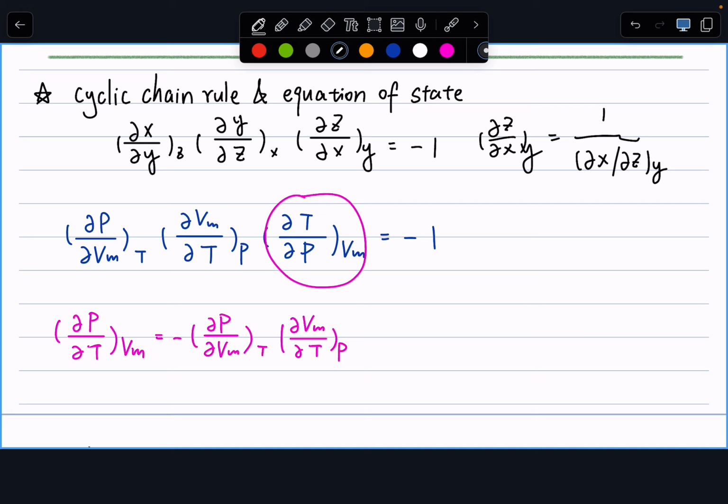And this equation becomes negative: on the top, we have dVm over dT at constant P, and on the bottom we have dVm over dP at constant T. So these are the two partial derivatives we need to experimentally measure. That's everything we need in order to solve for an equation of state.